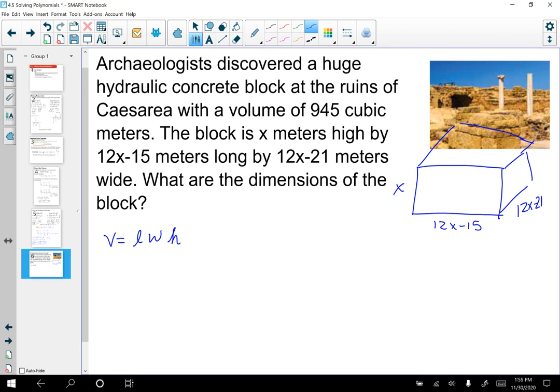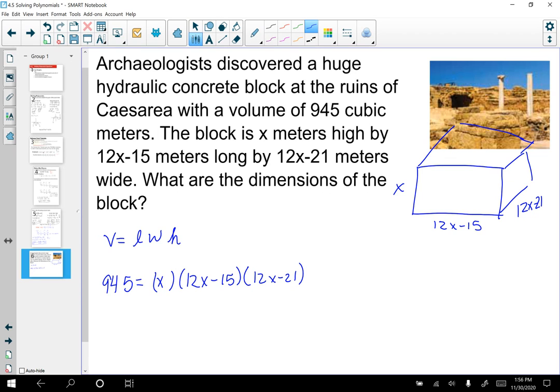So they give us the volume, which is 945. Now the length, the width, and the height are x times 12x minus 15 times 12x minus 21. And we need to solve for x.